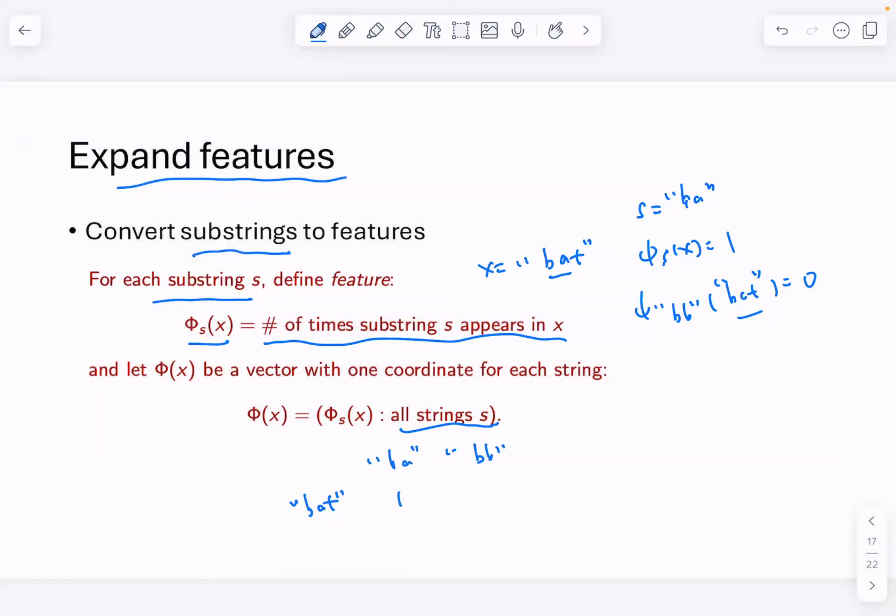It will be 1, 0, right? What about BBT? I'm not sure if this is a valid word, but the features of this word would be 0 and 1, because BA is not contained in this word, but the substring BB is. So this is how we convert substrings to features.